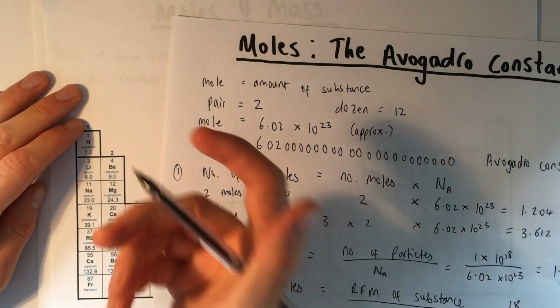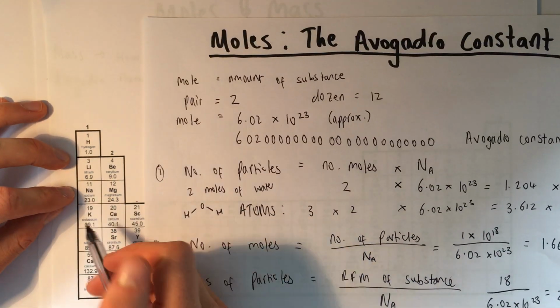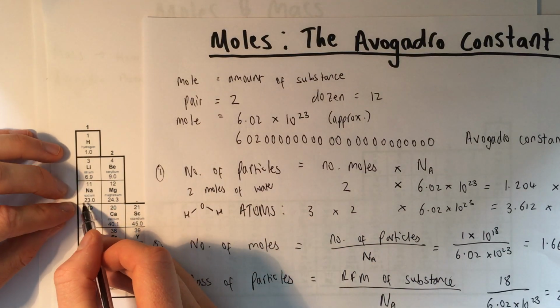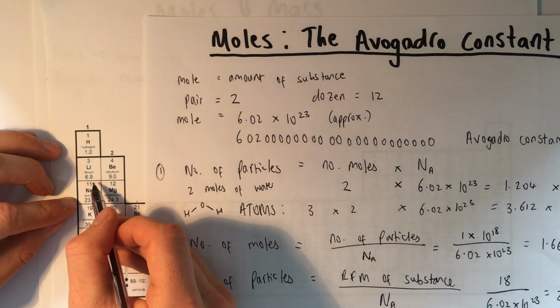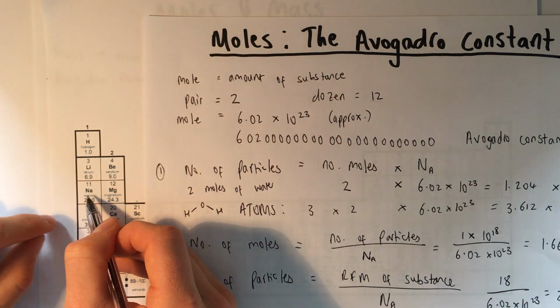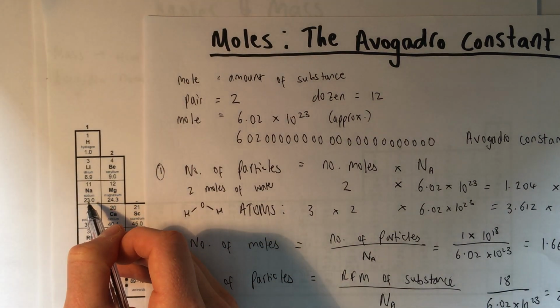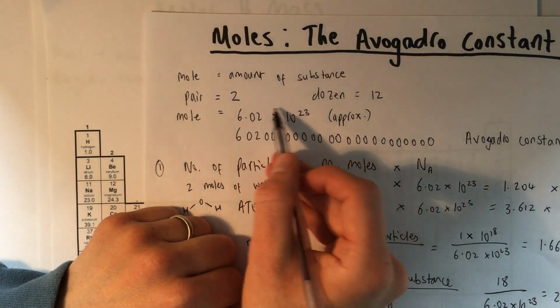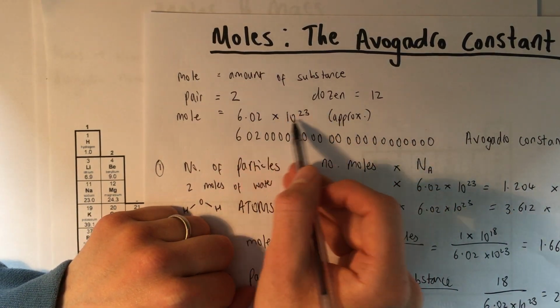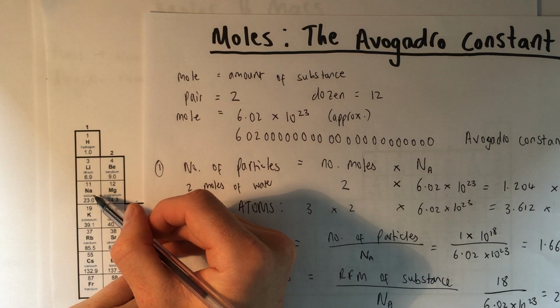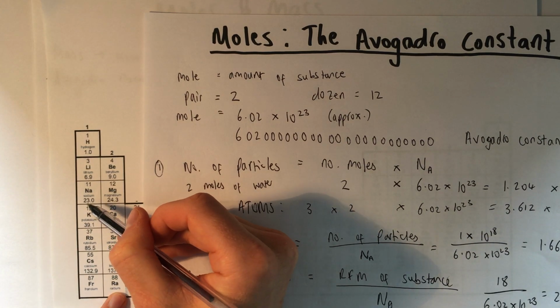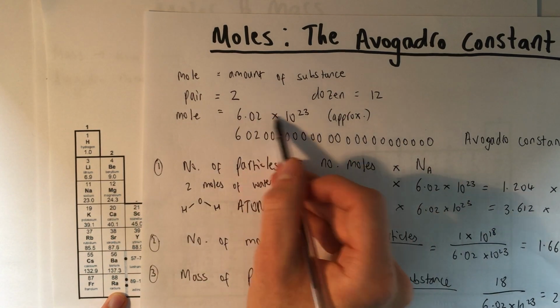Or, if we took sodium as an example, the relative atomic mass of sodium is 23, and that's because it's got 11 protons and, on average, 12 neutrons in the nucleus. But if we had this number, 6.02 times 10 to the power of 23, of sodium atoms, it would weigh 23 grams. So that's why we use this number.